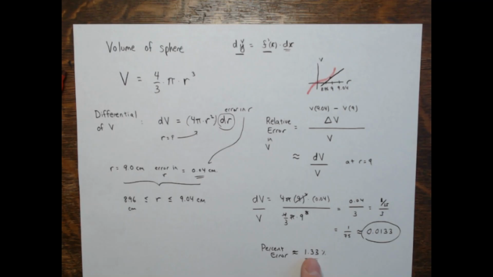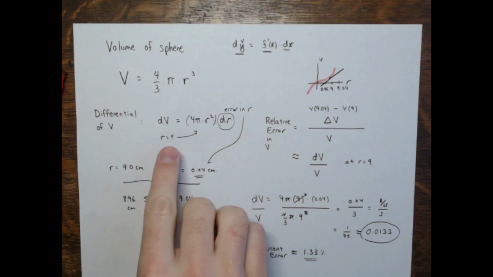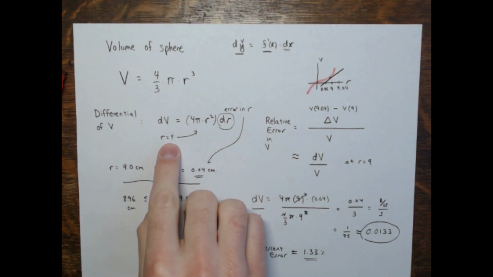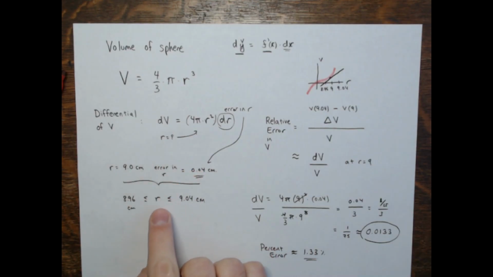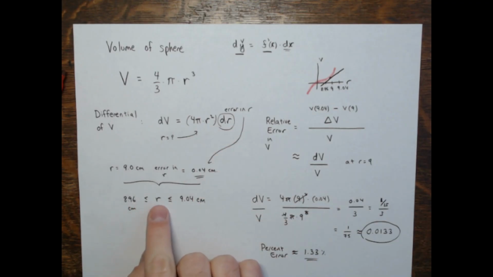What this means is that if I had a sphere whose initially had a radius of 9 centimeters, if I increased or decreased the radius by 0.04 centimeters, right, was off by just 0.04 centimeters, I could expect the volume to change by 1.33% of the initial volume.